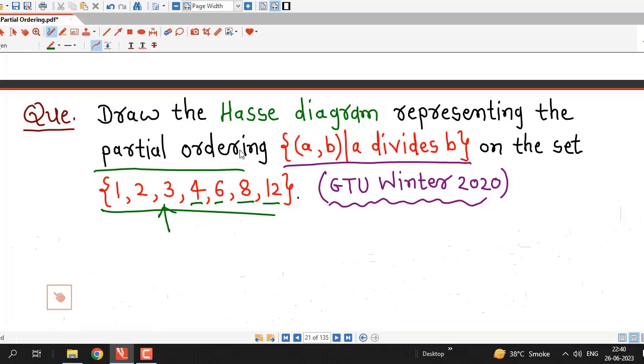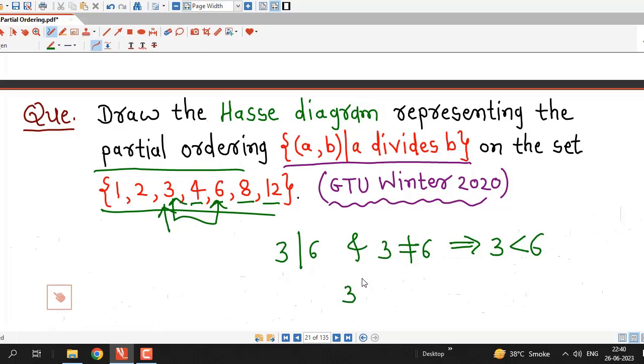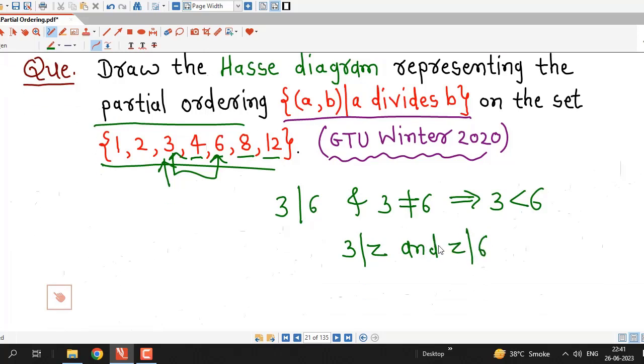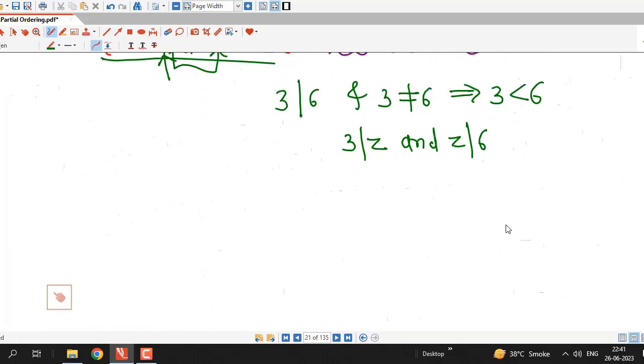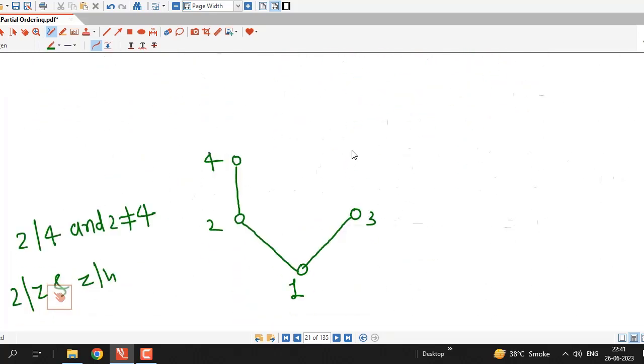Similarly, 6 is a cover of 3. 3 divides 6 and 3 is not equal to 6. This implies 3 is less than 6, and there is no z in this set such that 3 divides z and z divides 6. Therefore 6 covers 3. So I will consider a line between 6 and 3 also.